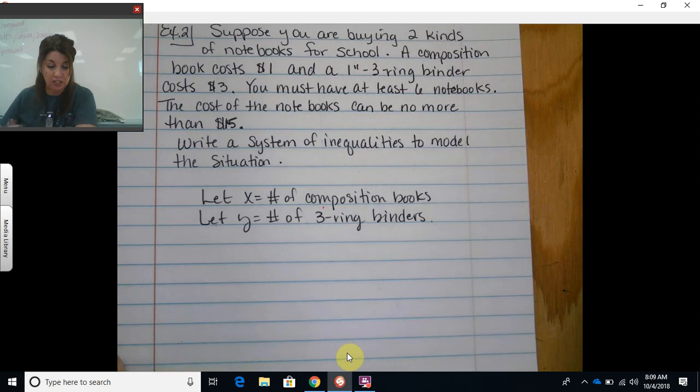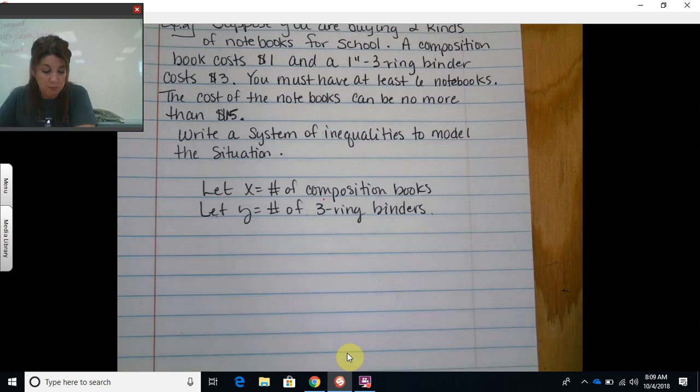And we really only have two constraints here. One, the number of books that we have to purchase, and the other, the cost of the books. So if we wrote an inequality based on the number of notebooks we need, anybody have any idea what that would be? How many notebooks do we need? 6. And we need at least 6, right? So at least tells us it's an inequality. So can we have 5 notebooks? No. Can we have 6 exactly?